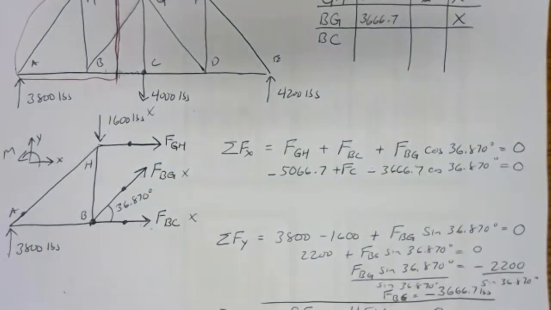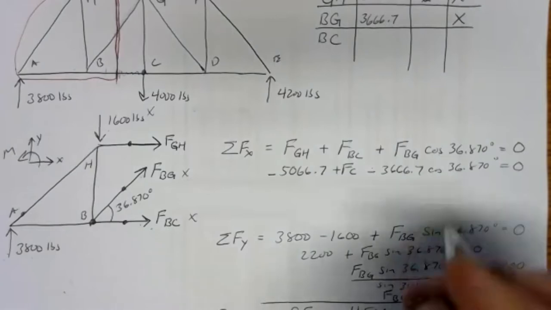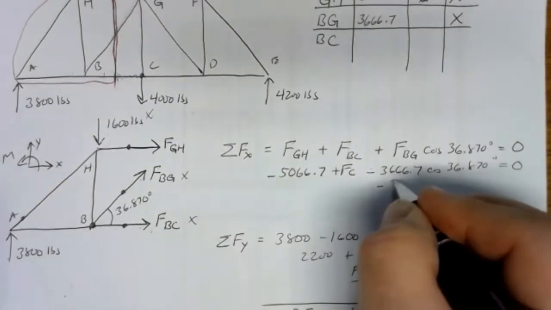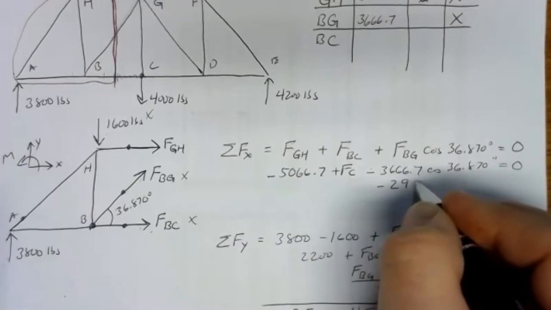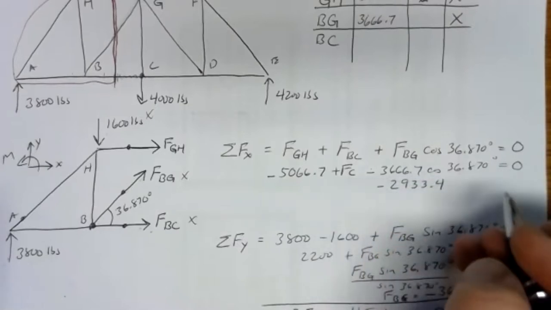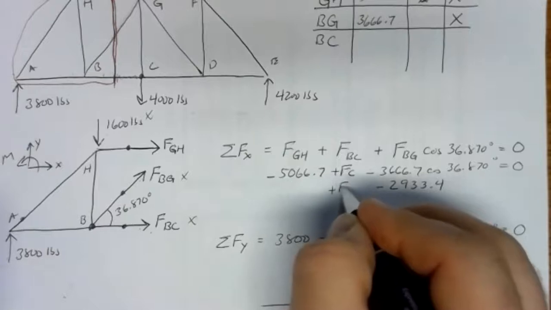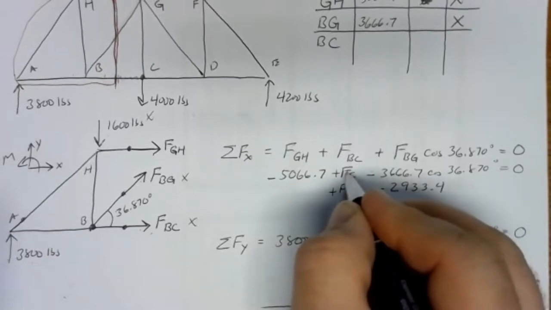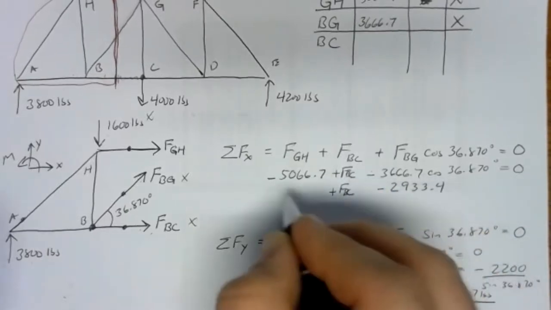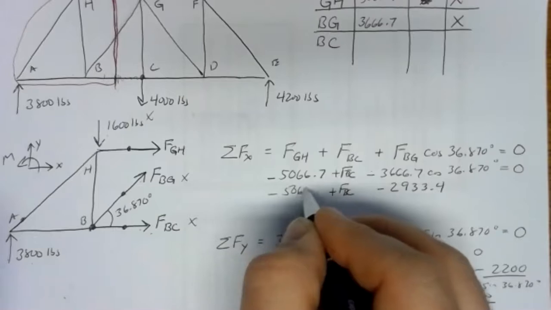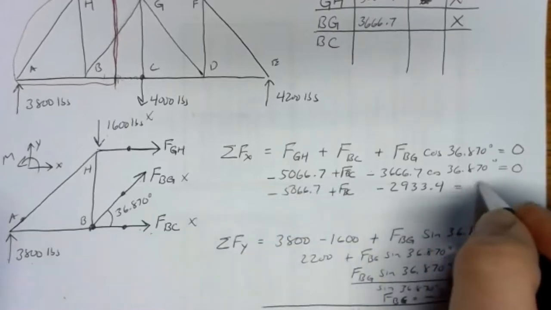So we can work out some numbers here. If we take 3,666.7 times the cosine of 36.870, we get negative 2,933.4. FBC, there we go, minus 5,066.7.